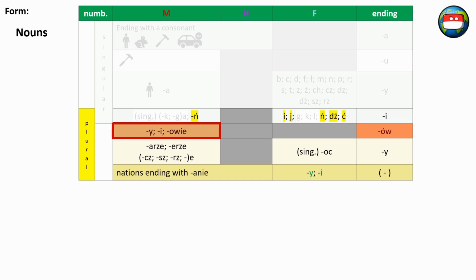The next plural genitive ending that appears very often is ów. It is applied with nouns that in plural form end with y or i, and with some names of peoples, nations, and some other plural people nouns that end with owie. For example, dom, domy, domów. Samochód, samochody, samochodów.